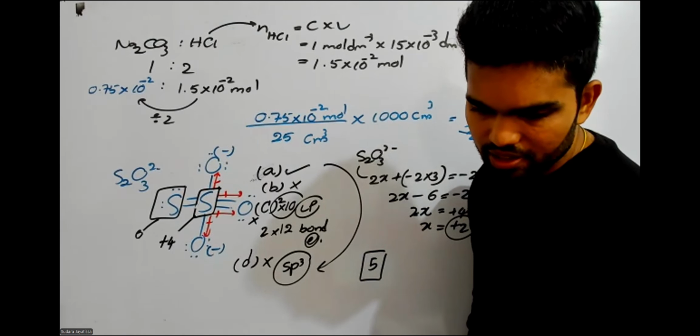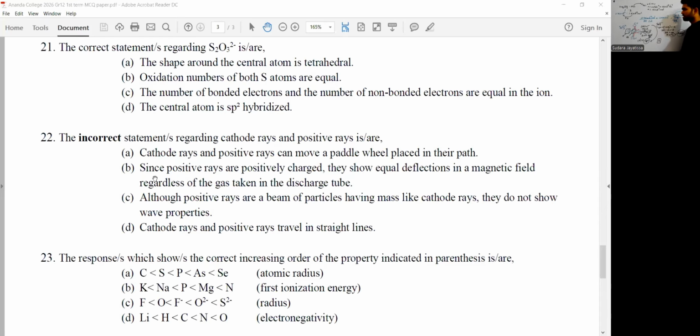Okay. Now let's do the next question. 22. It's about cathode rays, anode rays. There's no question in this paper from the basic things we discussed on the very first day. The incorrect statement regarding cathode rays and positive rays is A. So cathode rays and positive rays, two different things.